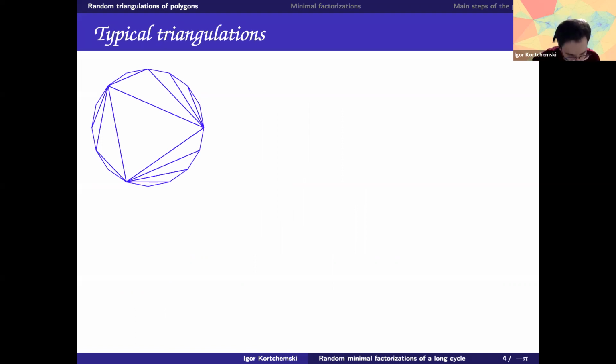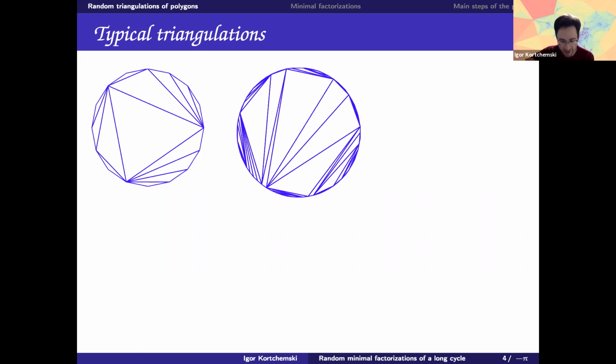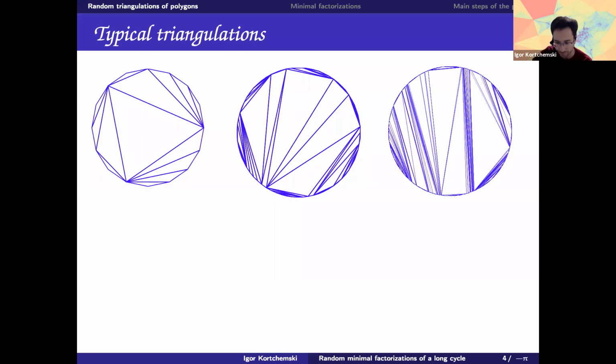Here is, I don't know, how many vertices are there? 20, something like that. Then I increase the number of vertices, and here is one simulation of a uniform triangulation of a large polygon. And the number of vertices grows.